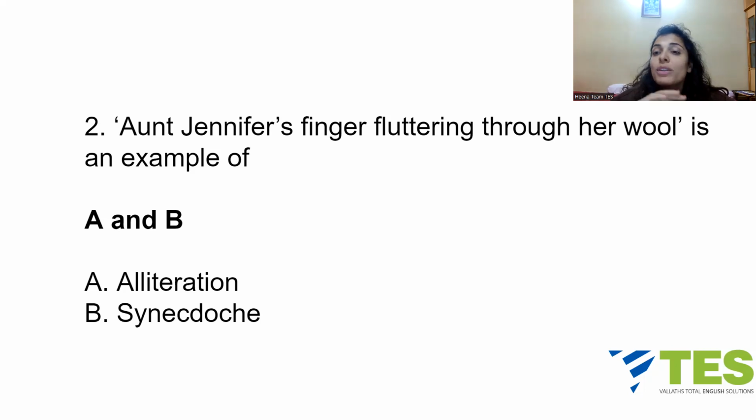Here, wheels denotes car. Then I'll say, India won the cricket match. Here, India denotes the Indian cricket team. Okay. So, in this example, the finger actually symbolizes the whole body of Aunt Jennifer. It symbolizes the whole self of Aunt Jennifer, right? So, alliteration and synecdoche are the correct answers.